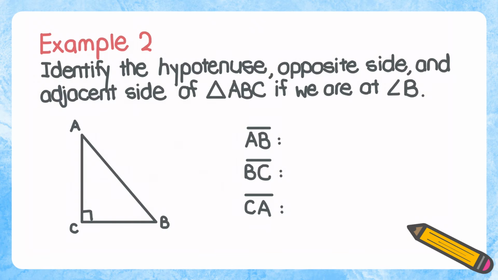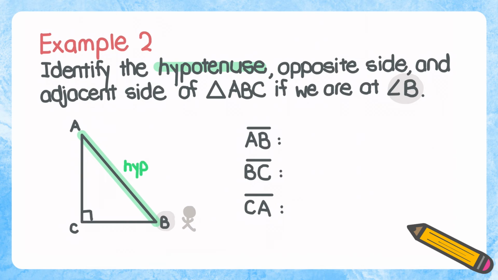But what if we look at the same triangle, but now stand at angle B instead? What do you think would change here? So in this case, I would draw my person at angle B. Let's first identify the hypotenuse. The hypotenuse is actually still the same. It's the side across from our right angle. So side AB is still our hypotenuse.